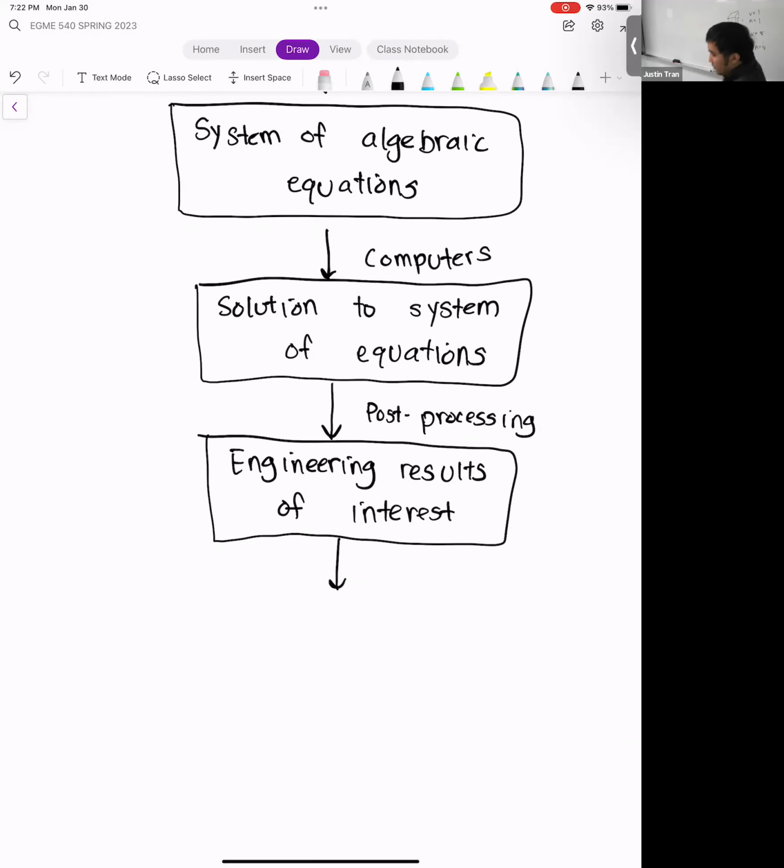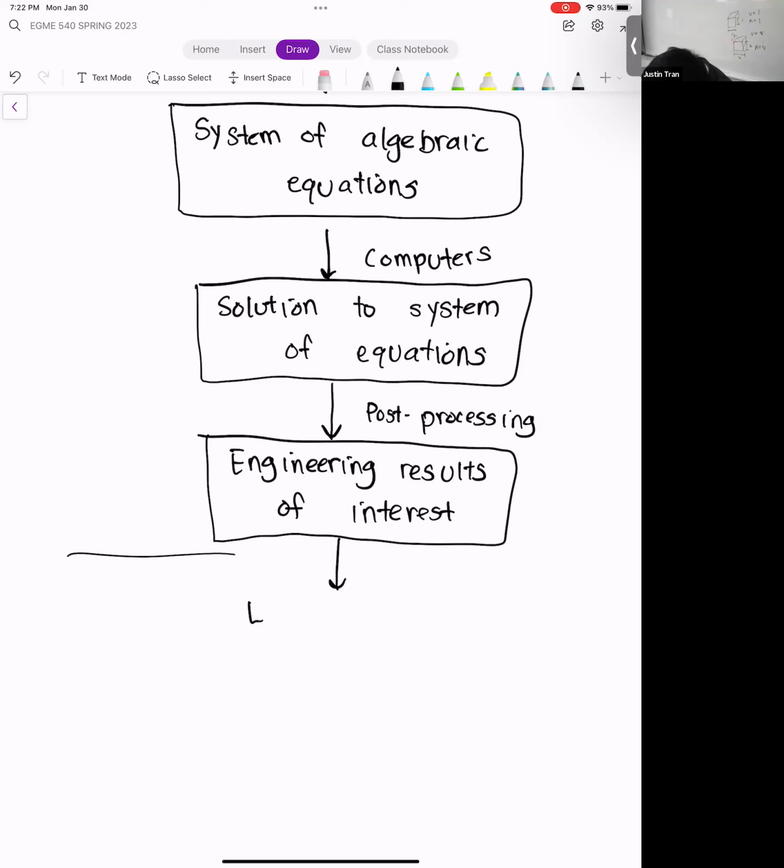From that, engineering results of interest. So that's basically where we stopped. At the end of Activity 1, we stopped right here. I basically had you get those results and then just present them. But in reality, you would take those results and do additional work on them. You use the results to help you design a part or maybe to do some failure analysis, what have you.